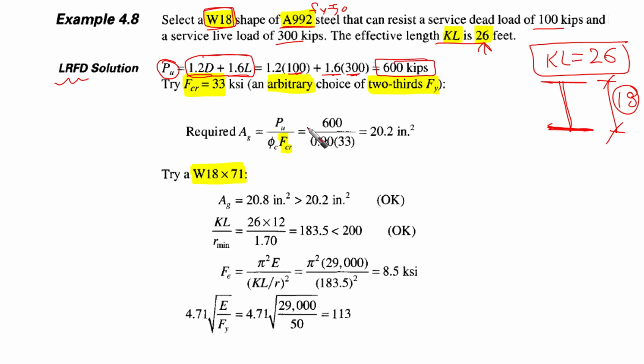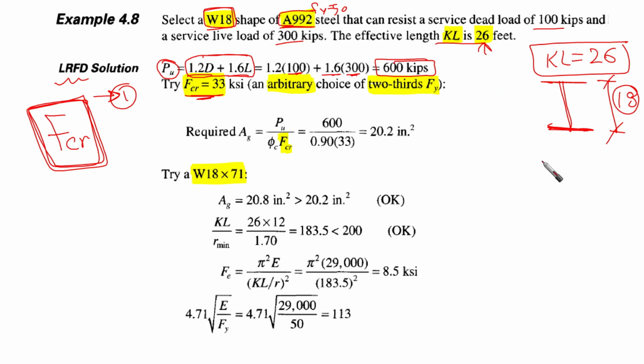Now if we're going to start with the steps of the design, do you remember the first step? The first step that I have explained before was assuming Fcr, the critical buckling strength of the element. So we are going to assume Fcr to be 33 ksi. Why? Because we have Fy, as we said, equal to 50.